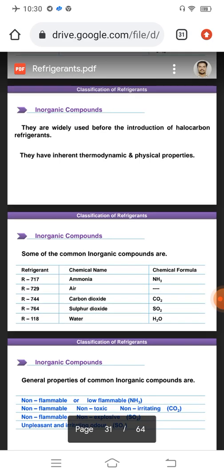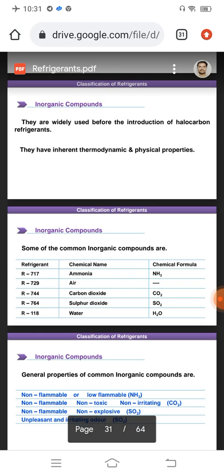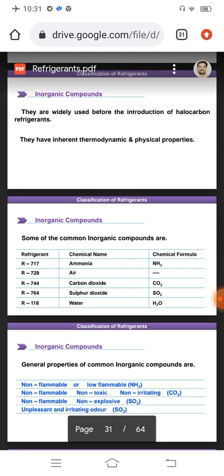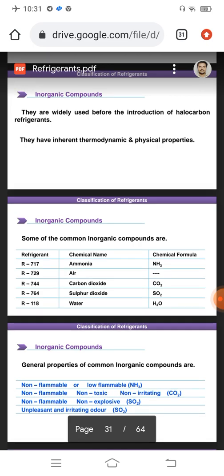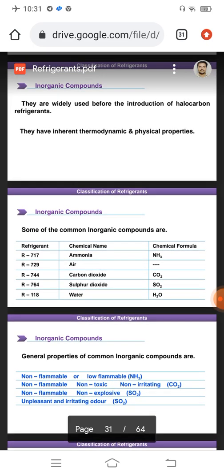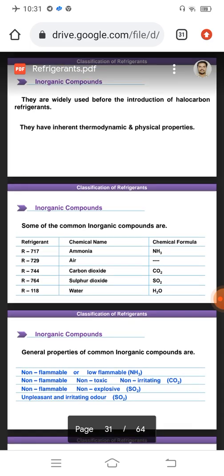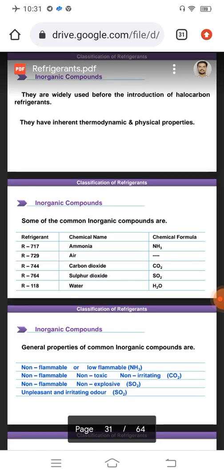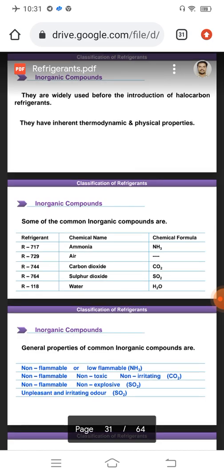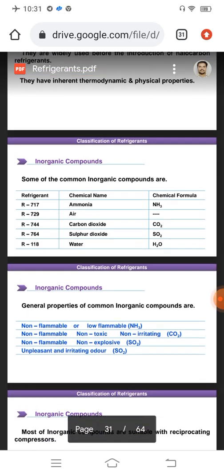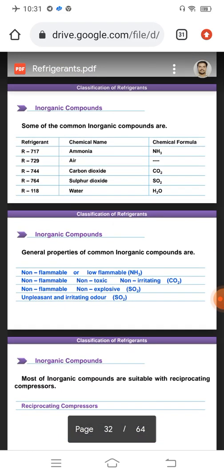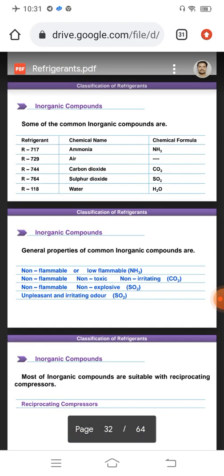Examples are ammonia, water, air, carbon dioxide, and sulfur dioxide. We generally designate ammonia as R717, water R718, air R729, carbon dioxide R744, and sulfur dioxide R764. The general properties of these inorganic compounds are that they are non-flammable.